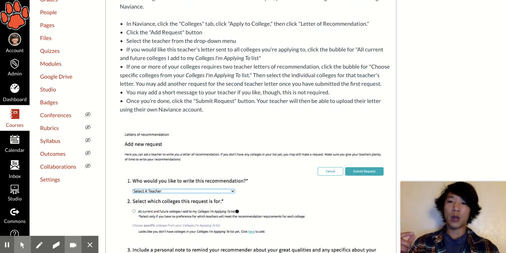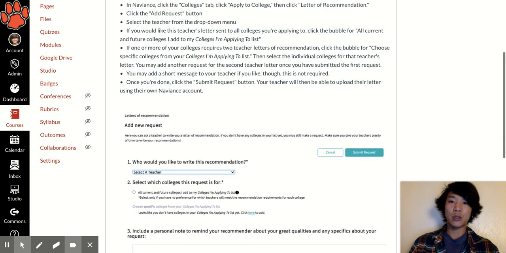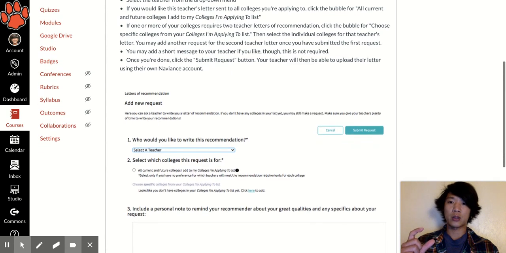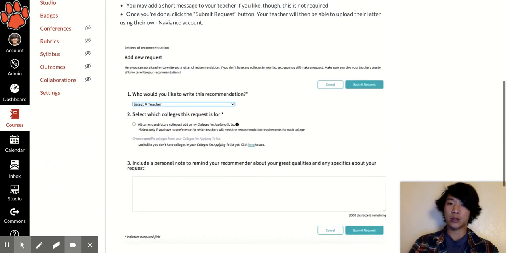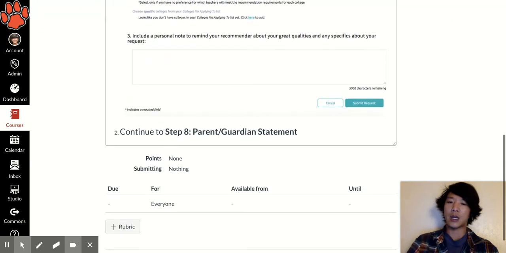If a couple of your colleges require two teacher letters and others require one, it's best to go in and select the individual colleges that you want those letters sent to, so the proper letters go to the proper colleges that you're applying to. There are instructions here about how to do that, and a little screenshot of what you'll be seeing in Naviance.